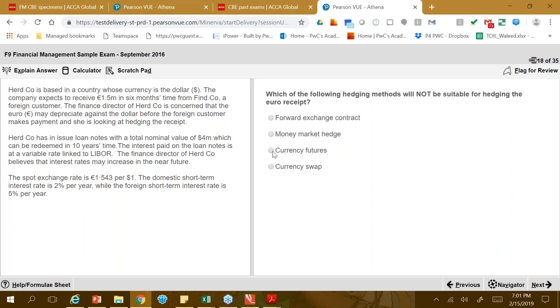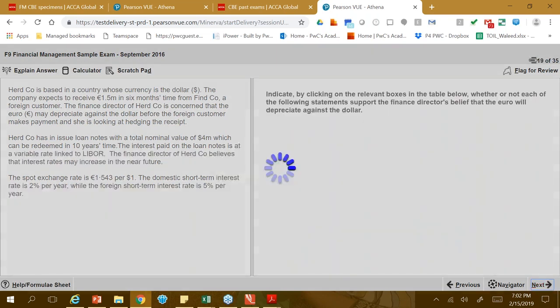Currency futures as well, but not the currency swaps, because remember, currency swaps are a long-term hedge. If it's a 6-month transaction, we can't use currency swaps for it. Currency swaps are not suitable for shorter transactions. They are a long-term hedge. So the other methods are fine, but currency swaps are not the valid way. Question 19 then.